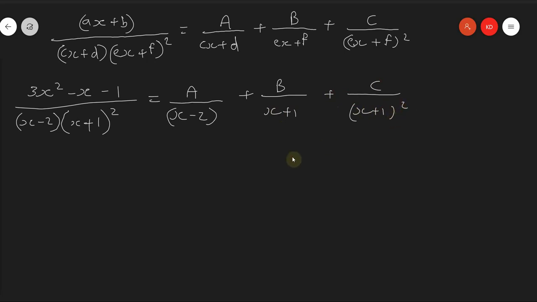Good. Now again let's just add this up so that we can equate the numerator. Now I'm not going to go through the whole addition process. Try and do that on your own, but essentially this is what you should have.